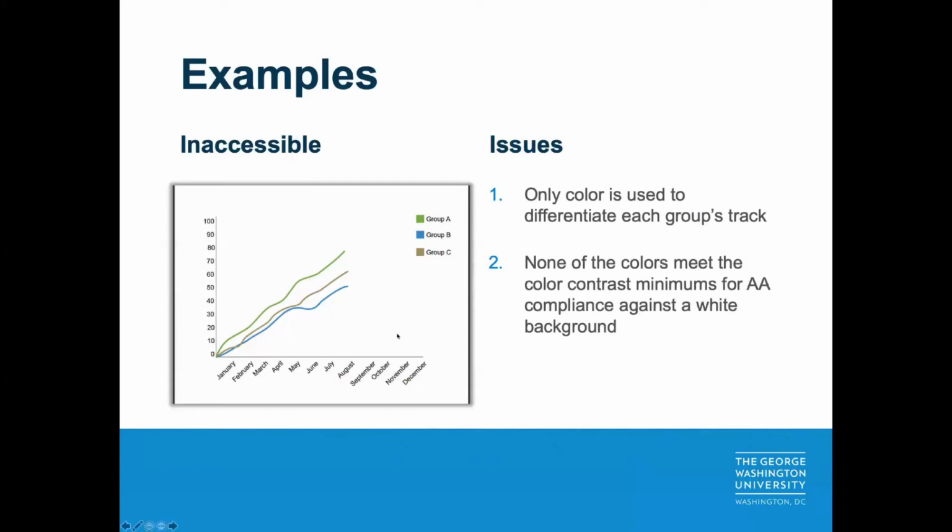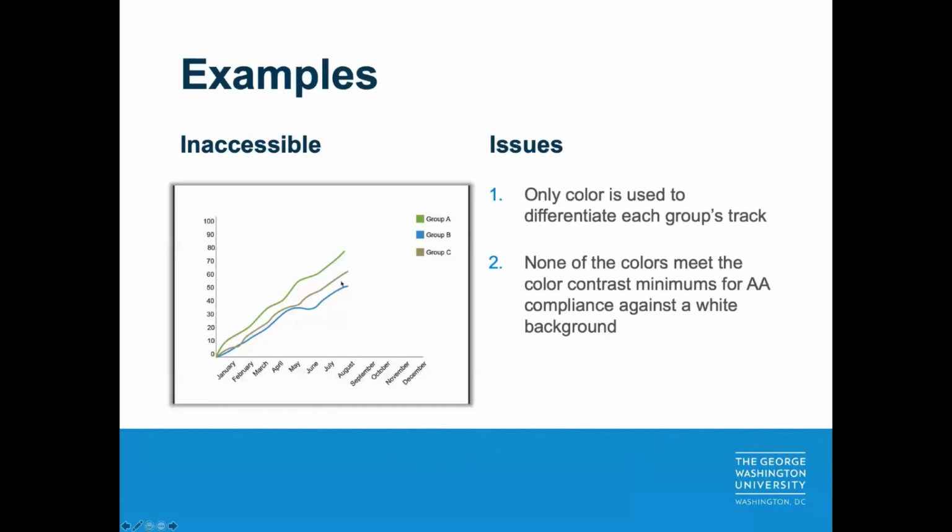And again, that could be surprising because the general frame of mind is a white background is kind of perfect for any color that you want to put on top of it, but that's just not the case. These are too weak for some users to be able to see against a white background. So certain users would not be able to get the information that they needed out of this chart. And it really is not giving any information here. This means nothing. It's something I just put together for you guys.